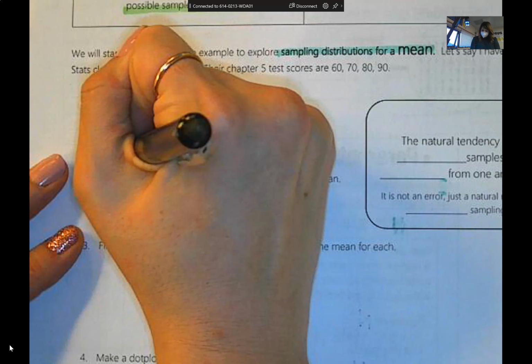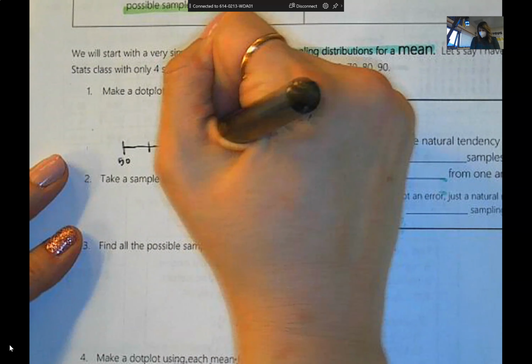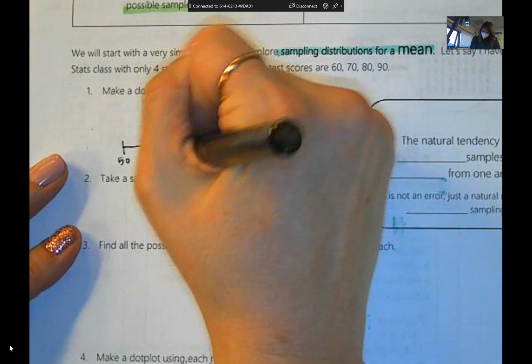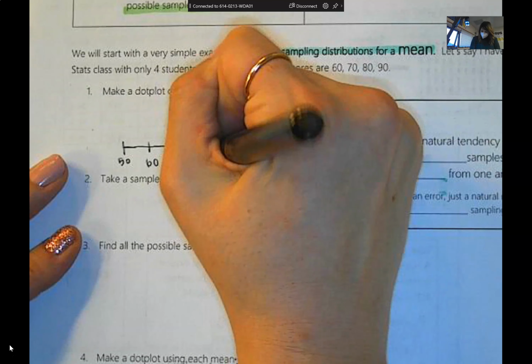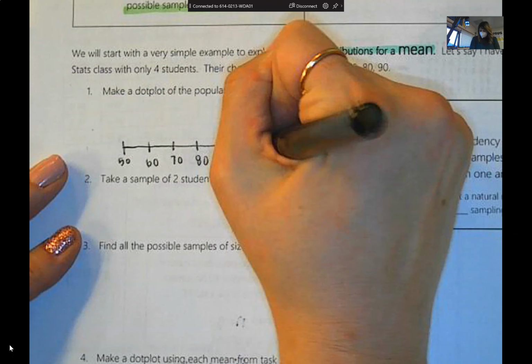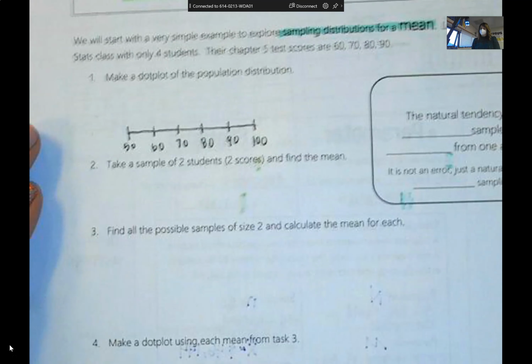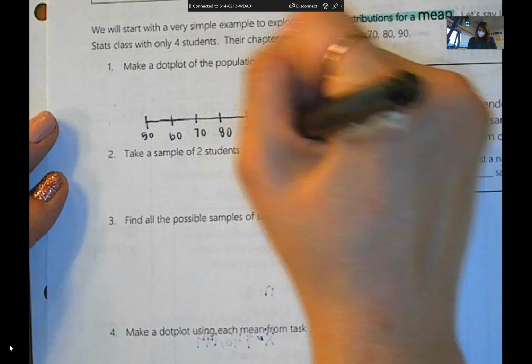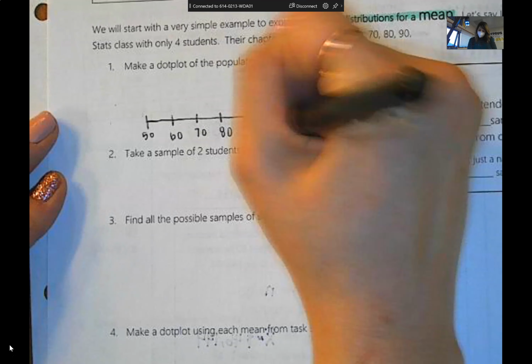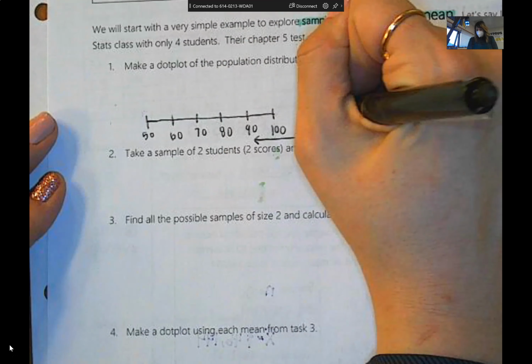So I'm just going to start at 50. 60, 70, 80, 90, 100. I really should have left room to label my axes.